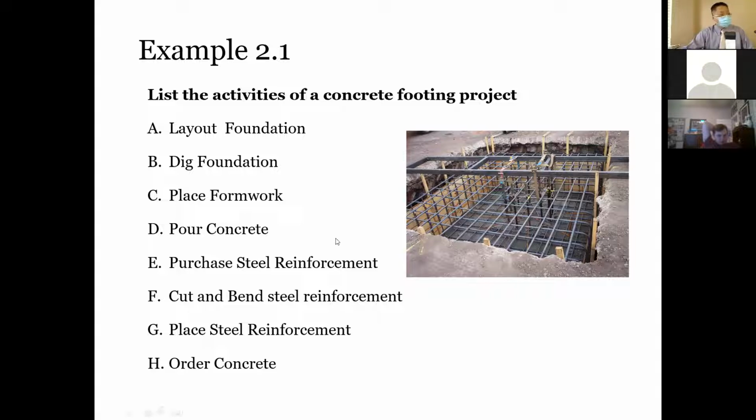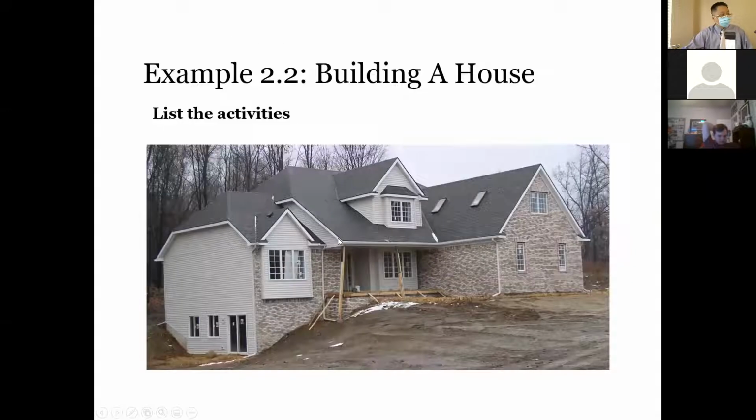Okay, now, if I have a project to build a residential house, what types of activities can you think of? I'll give you 5 minutes to give it a try. Residential house, what types of activities do you want to list?